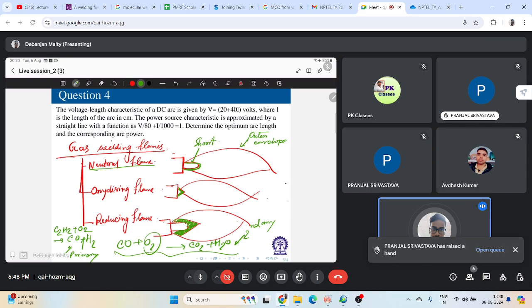So the statement says temperature of a carburizing flame in oxygen gas welding is higher than that of neutral flame. This is false. So one is incorrect.